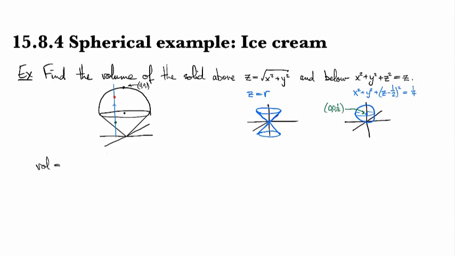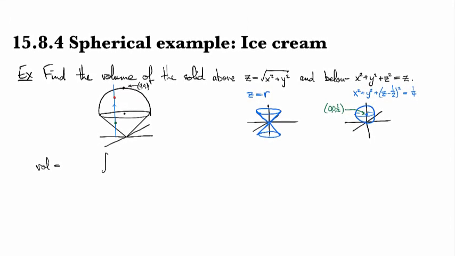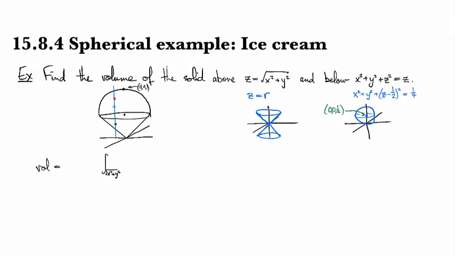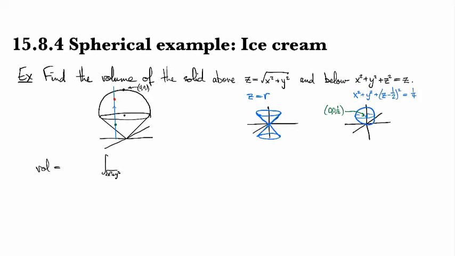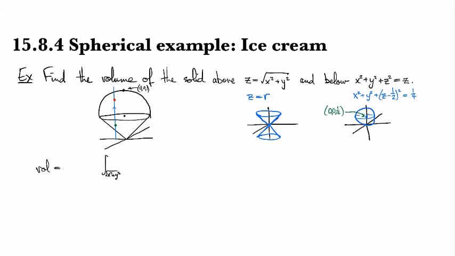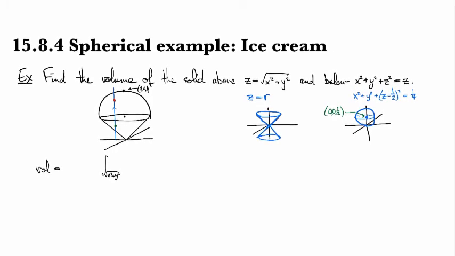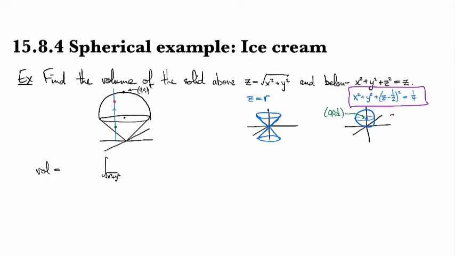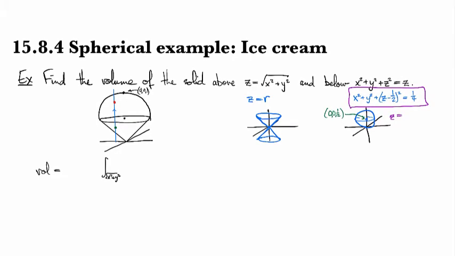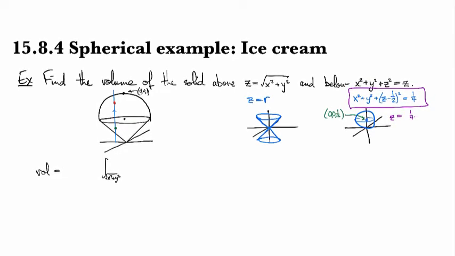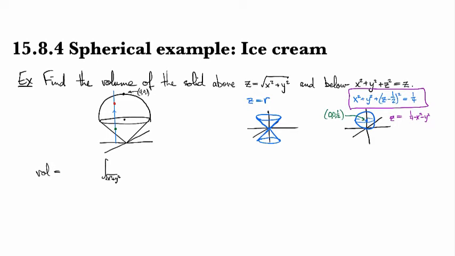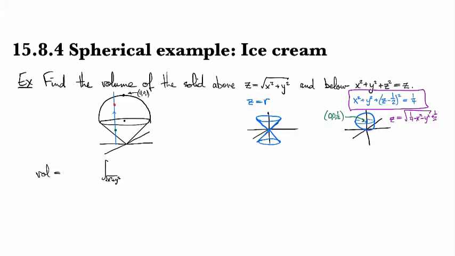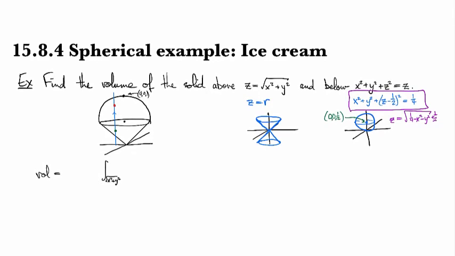So the cone is z equals root x squared plus y squared, and then for the sphere I'd have to solve this equation for z, and it ends up being 1/4 minus x squared minus y squared inside the root, and then add on the 1/2 after that.